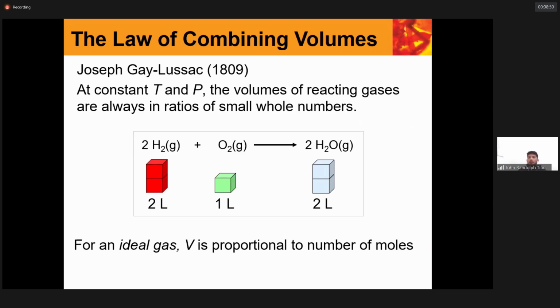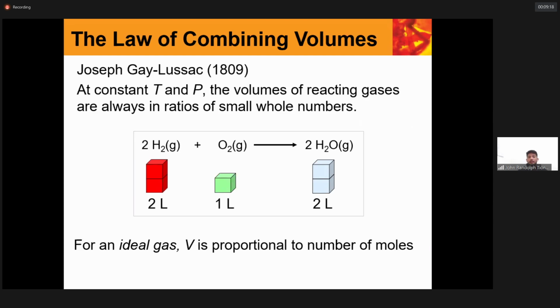These values are just the stoichiometric numbers, the stoichiometric ratio. Say for example, here we have the reaction of hydrogen gas and oxygen gas to produce water vapor. So here, 2 moles of hydrogen gas react with 1 mole of oxygen gas. It yields 2 moles of water vapor.